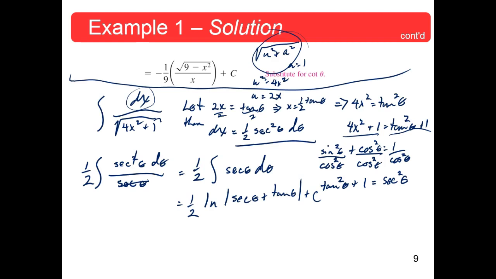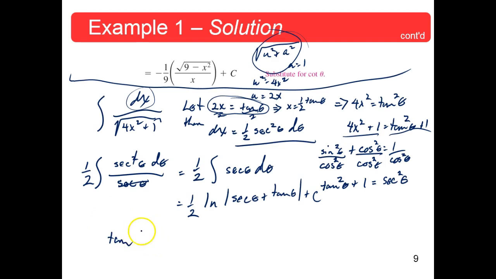But again, we didn't start with thetas. We started with x's. So we've got to figure out what these are. And you remember how we did that? Go back to our original thing here.